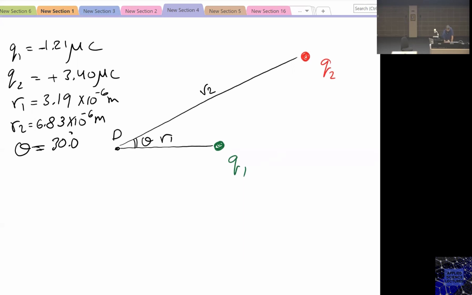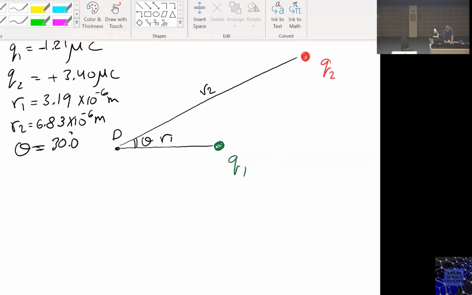So I will put my coordinates right on the point D.